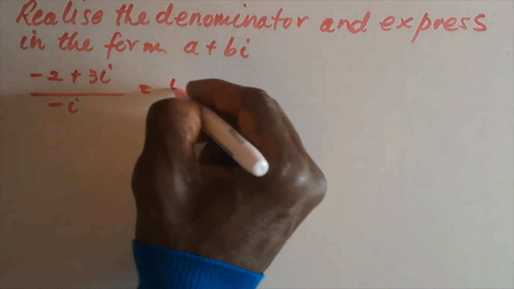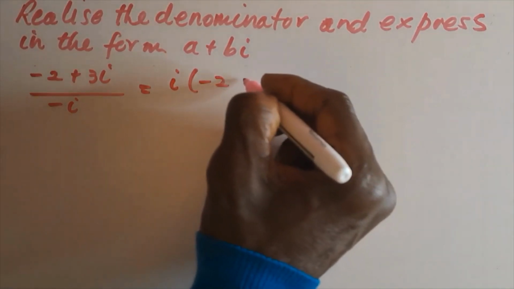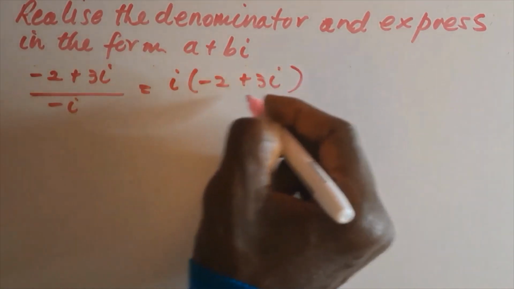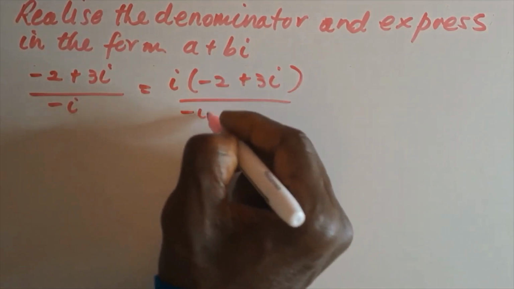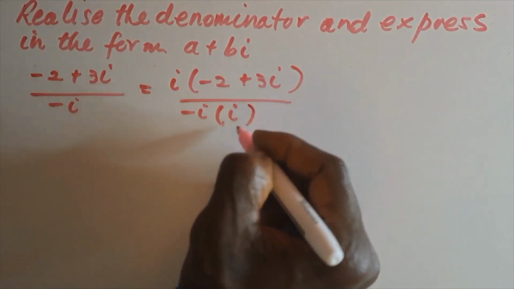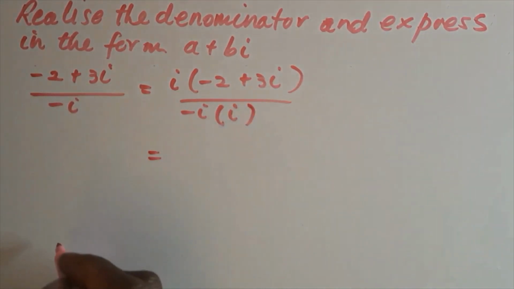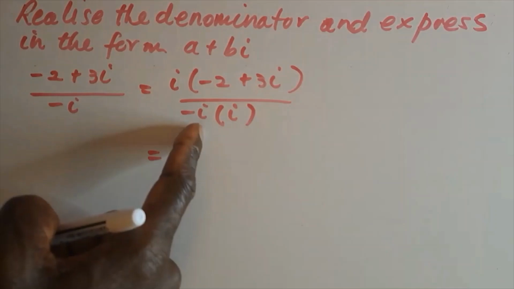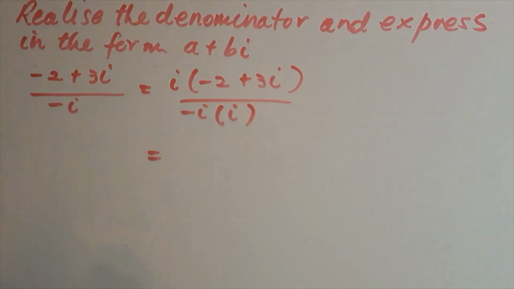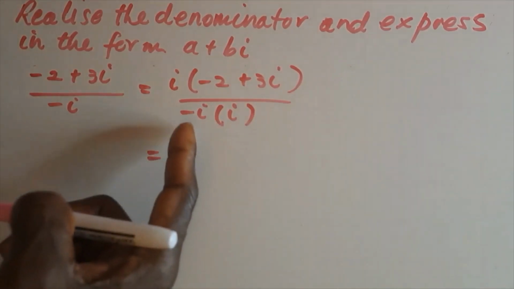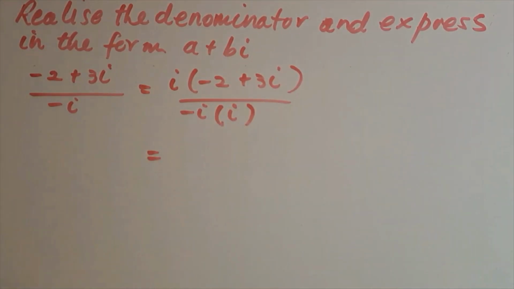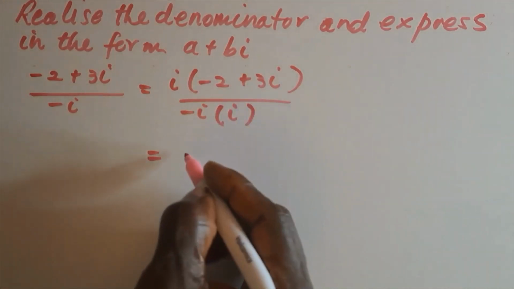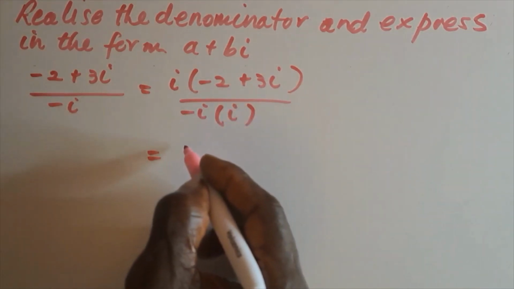So that's just i into minus 2 add 3i over minus i times i. Again, this will give us a denominator of 1 because we have i times i, which is i squared, which is negative 1 times negative 1, which will give us positive 1.